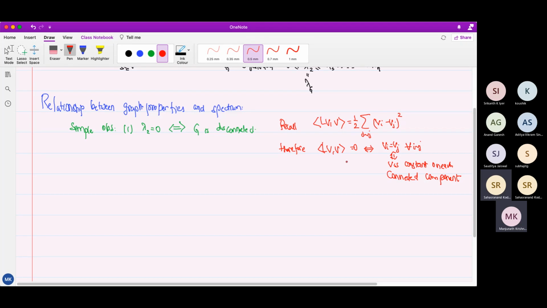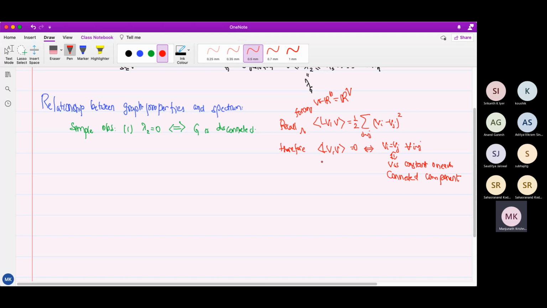Sir, question. Yes, go ahead. V was the vector that we multiplied with L, right? What was V again? V is any vector. You can think of it as R to the vertex set. It's a function on the vertices. So vectors, we will think of either as functions on vertices or as vectors indexed by 1 to n.